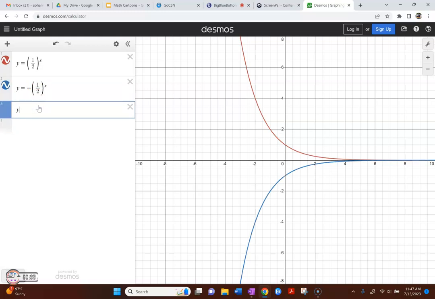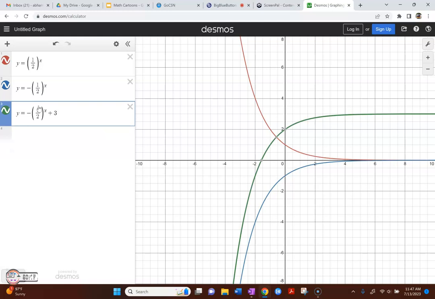And you take that whole thing and you bump it up 3. And notice that green one is the exact same as that purple one before. So you can have your parent function be 1/2 to the x as well if you want to do it that way. So either of those would be great.